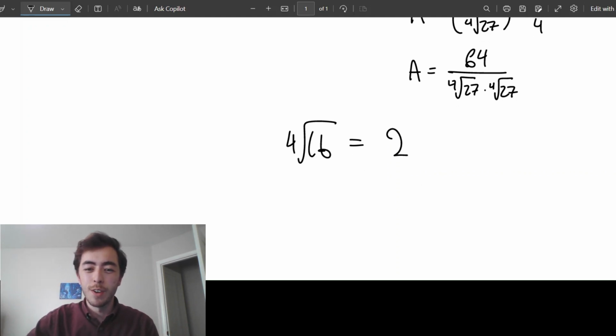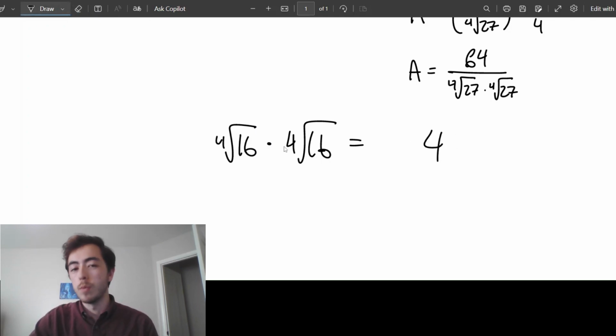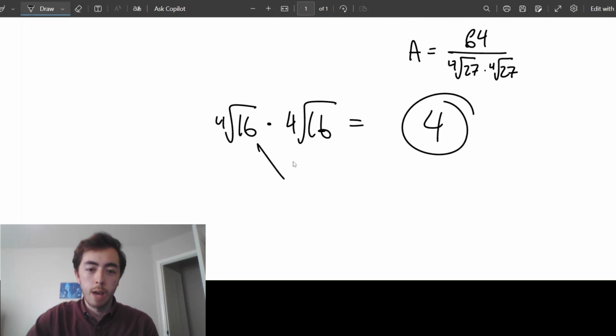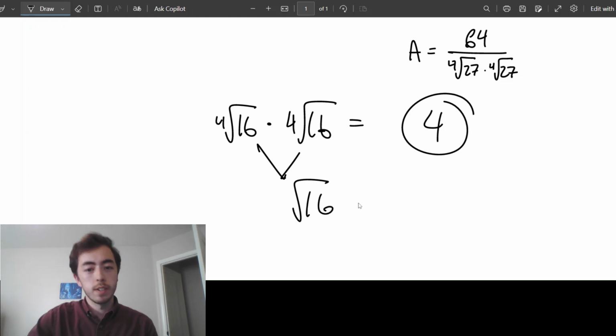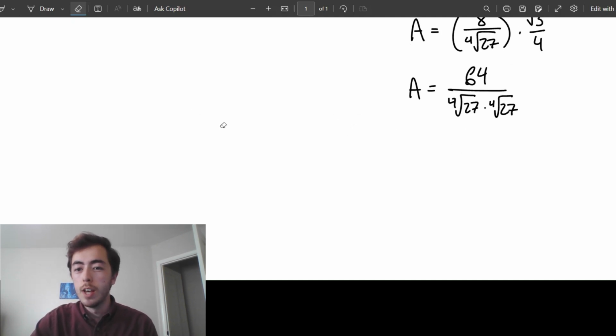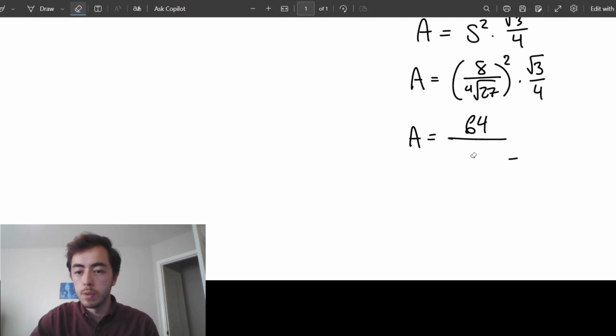And if we multiplied two of these together, we would get the number 4. So the fourth root of 16 times the fourth root of 16 is 4. And this number also happens to be just the square root of 16. You can prove this to yourself with exponents or other radical rules, but essentially squaring the fourth root of 27 just gives me the square root of 27.